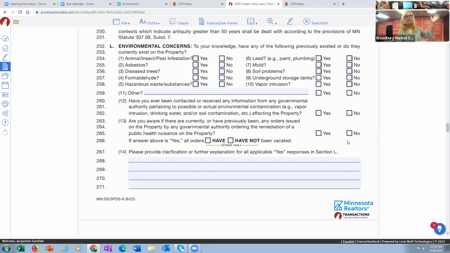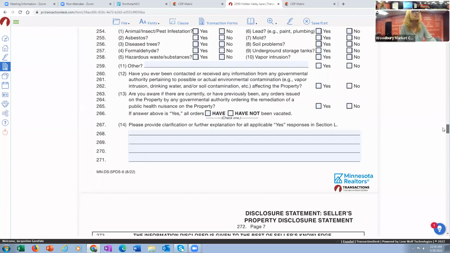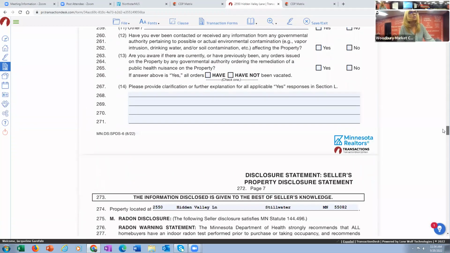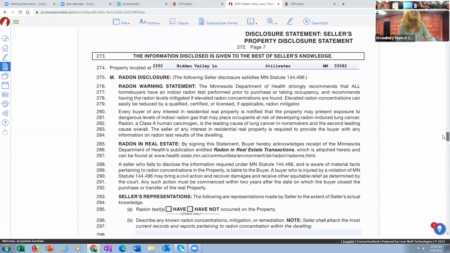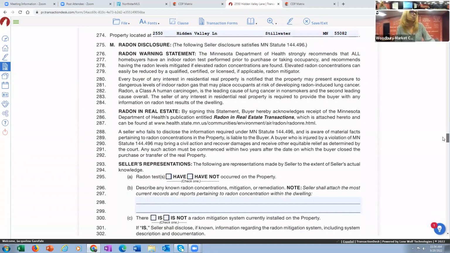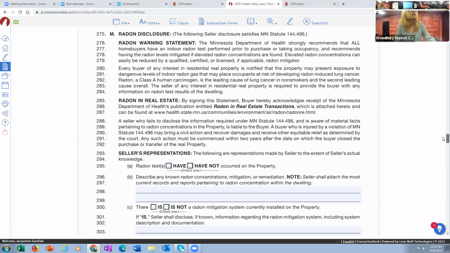Is there an airport that's going to be built? Is there anything that's going to affect the future of this property? We have to let them know. Radon, do you have a radon test? Has there been one? You would let them know, right? Like I'll say, yes, there's a radon test done on this listing last year.